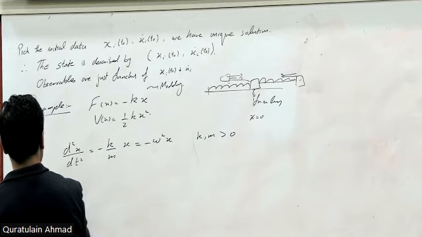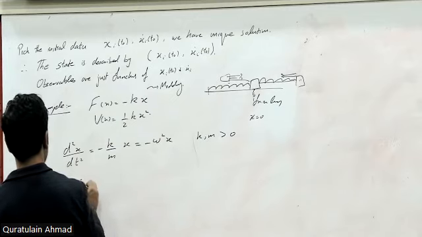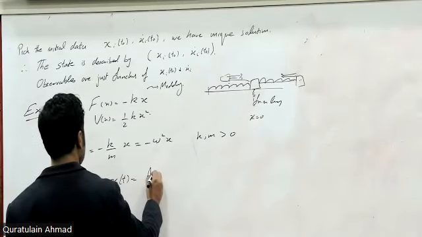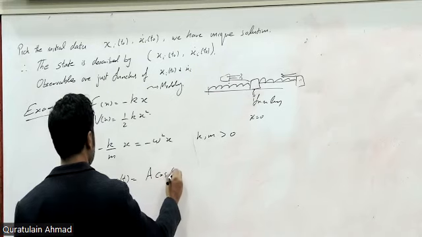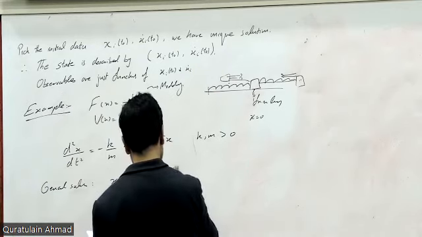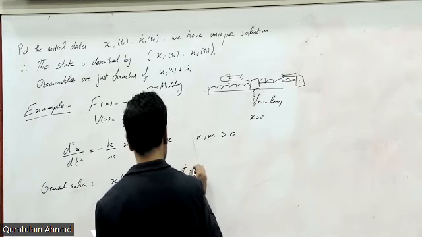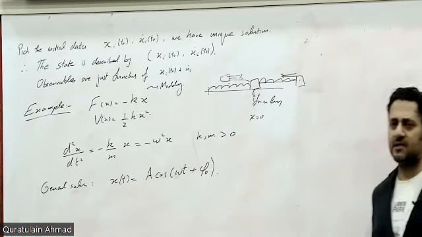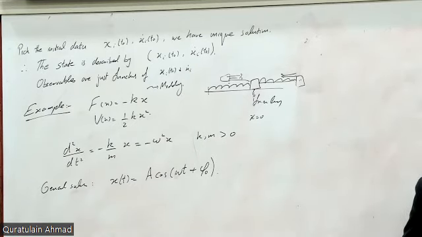This has a general solution, completely general. You can write it in other ways like a cos plus b sine, or like this, or a sine or something.